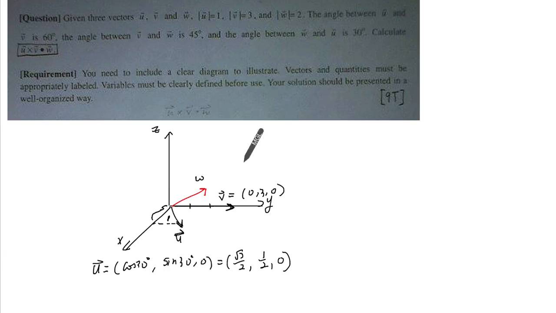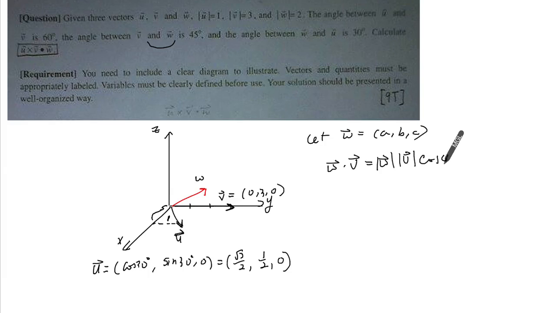And our w, we were given the magnitude of w is 2, but we are not really given anything else other than the angle relationship with u and v. So for now, let w be a, b, c. Here's what we can do. They've given us v and w as angles. So w dot v must equal the magnitude of w times the magnitude of v times cosine of 45.